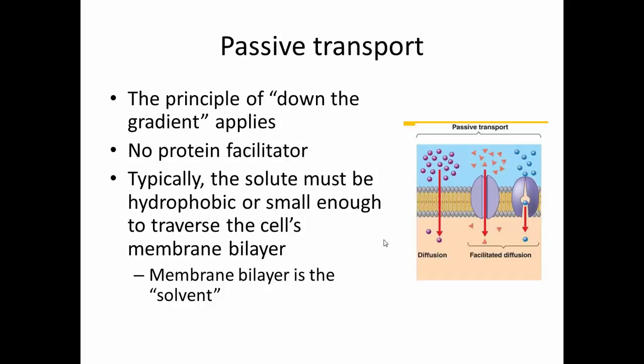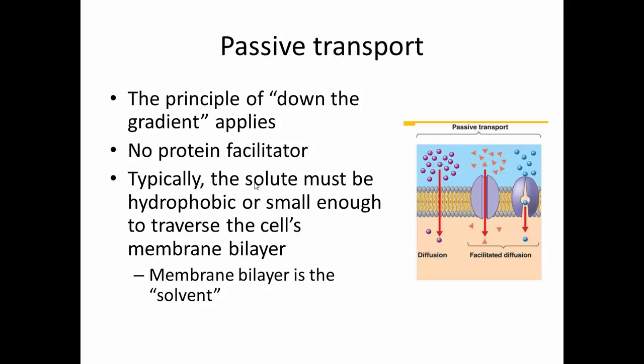So when we're talking passive transport here, we're talking the principle of sending these things down the concentration gradient. So when we do passive transport in cells, we have the option to have no protein facilitator because we are going down the concentration gradient. Substrates will potentially just diffuse through the membrane to go into the cytoplasm.